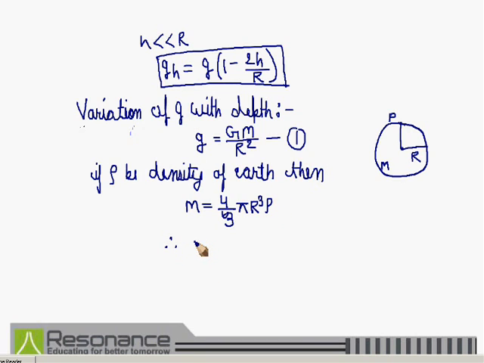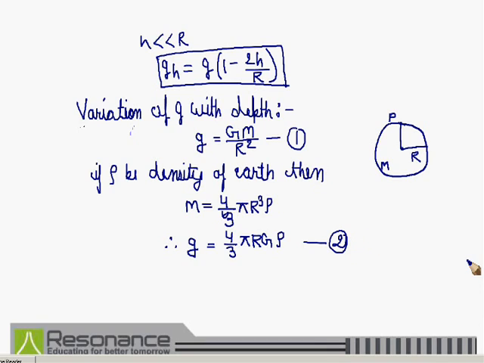So, by putting this value in the expression of g, we get g equals 4 upon 3 pi R G rho.